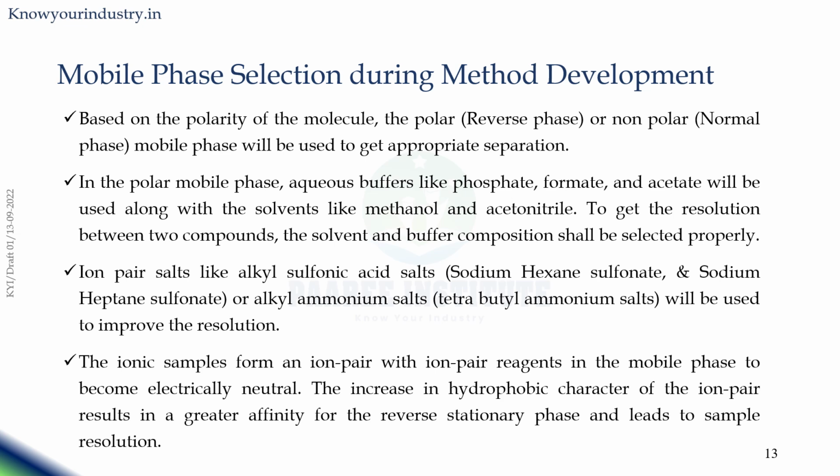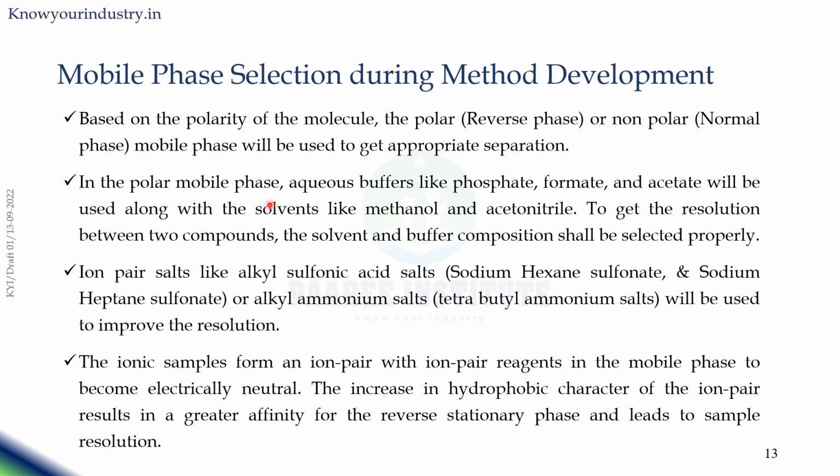Now we are going to do the mobile phase selection. Based on the polarity of the molecule, we can choose between reverse phase or normal phase chromatography. In reverse phase chromatography, the mobile phase will be polar and the stationary phase will be non-polar.